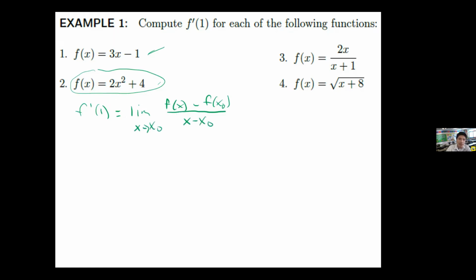By the way, this is f prime of x. So this is our formula.